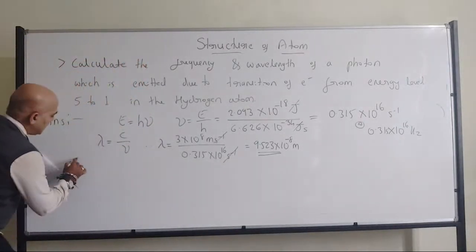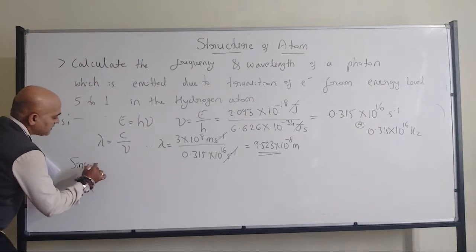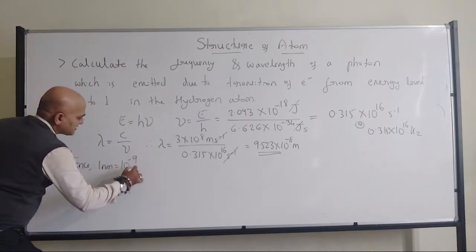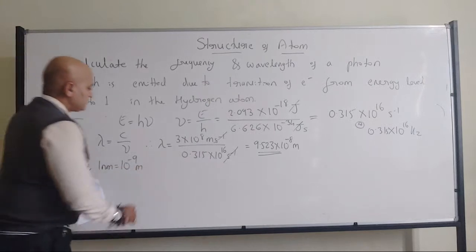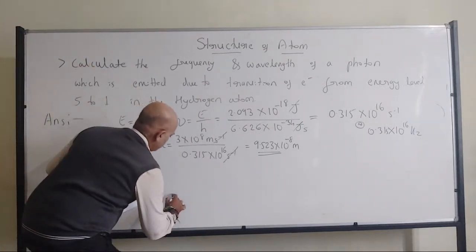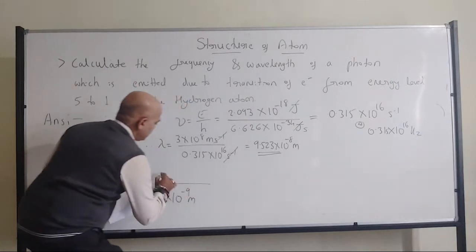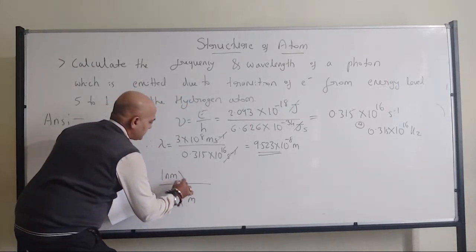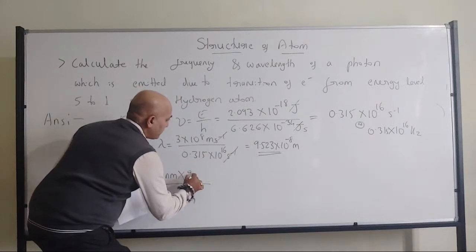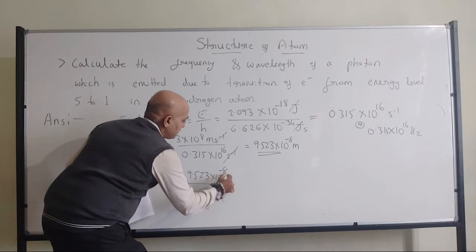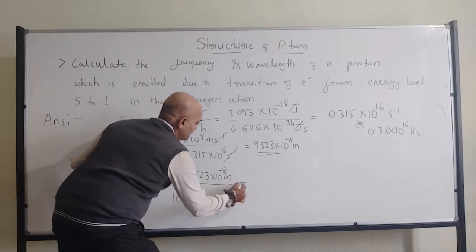Now we know that 1 nanometer is equal to 10 to the power of minus 9 meter. So for 10 to the power of minus 9 meter, it is 1 nanometer. How much will it be for 9.523 into 10 to the power of minus 8 meter?